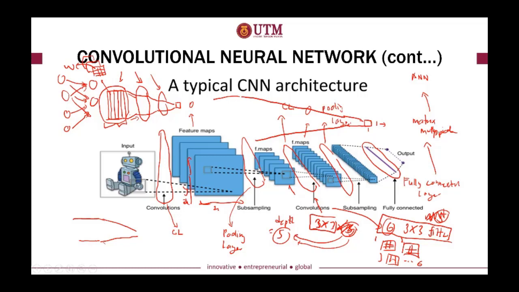But in general, subsampling can be done in two ways. One is by using a pooling layer, another is by using dropout layers. But in our syllabus, we don't cover the dropout layer, because the pooling layer is enough for you to create the CNN architectures.